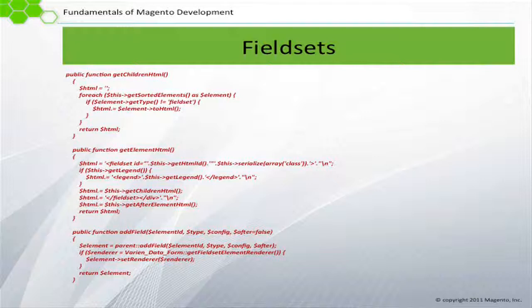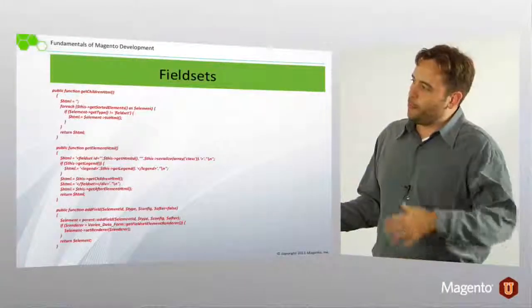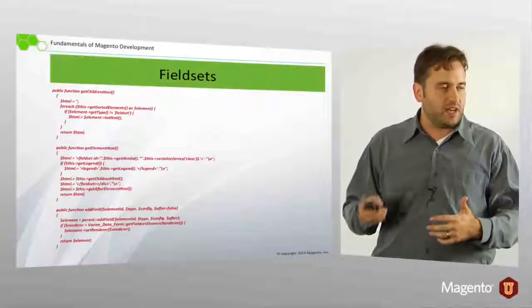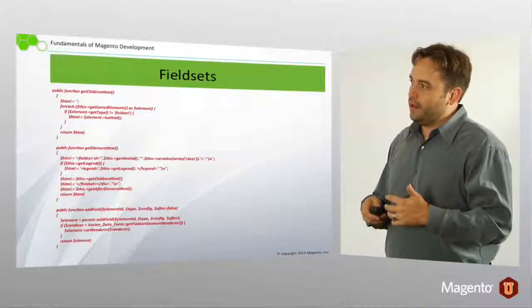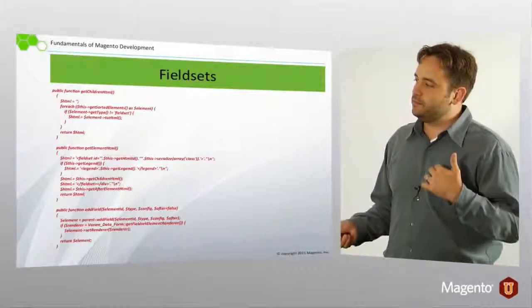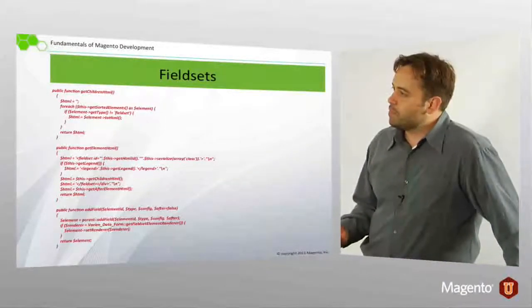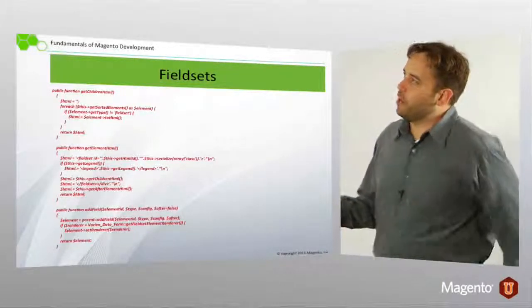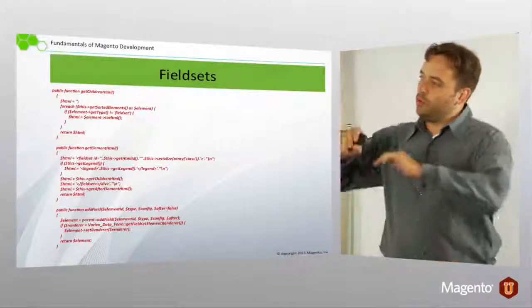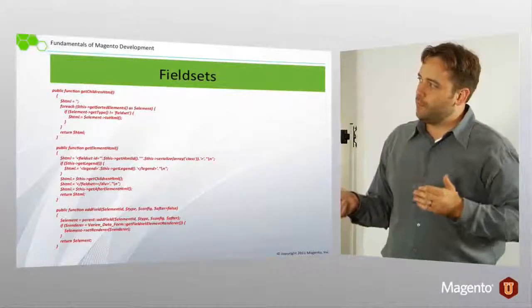So, what would I like to discuss in here? Get children HTML, sorted elements. What we have to do is define some element types in order to add fields to our field set. A couple of things to point out here. For a field set, there's a very handy thing.